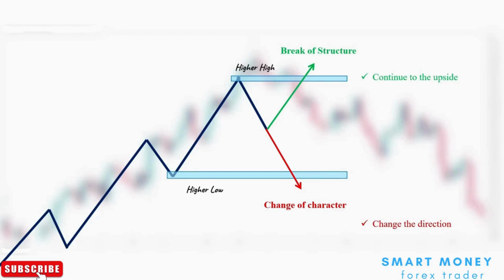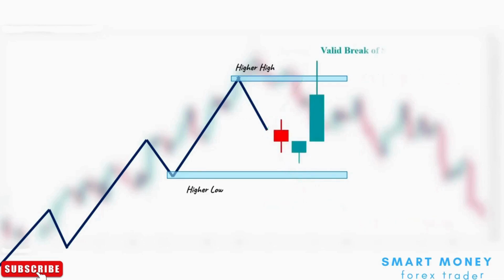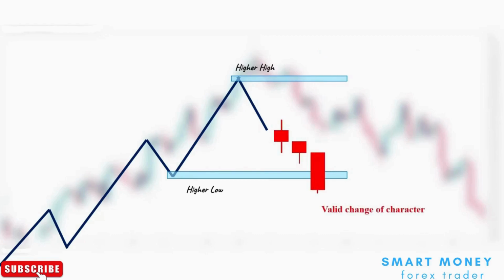On the contrary, if the market breaks the recent higher low to the downside, it indicates that the market intends to change its direction, which we refer to as a change of character, otherwise known as CHoCH. The key point is that a break of structure is valid even if a shadow breaks above the previous structure level.